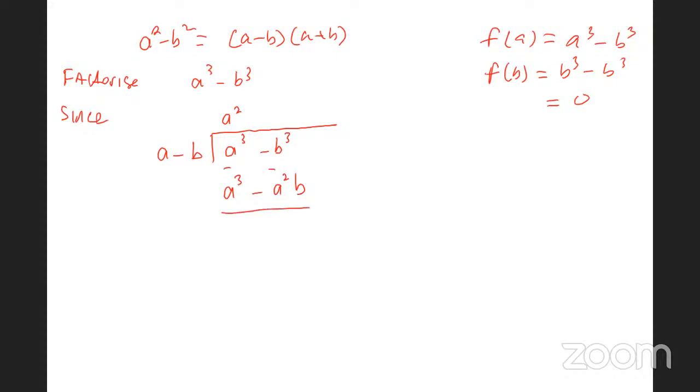A cube minus a cube is 0, right? There is no a squared minus b term, so there's a 0 on top. So it will be minus minus a squared b, which gives you plus a squared b. And then you bring down your minus b cube.